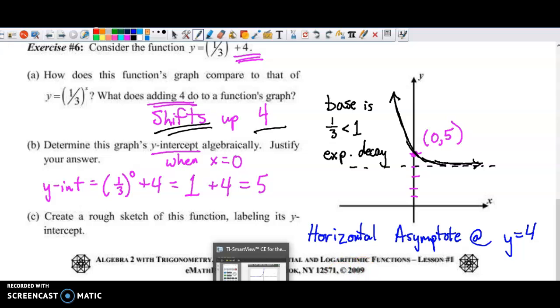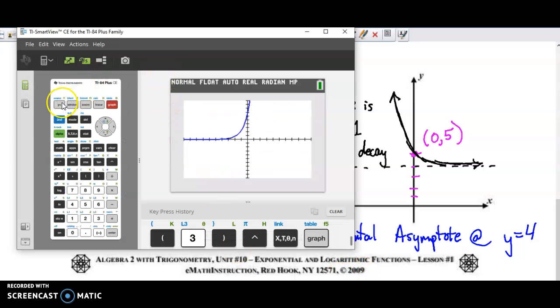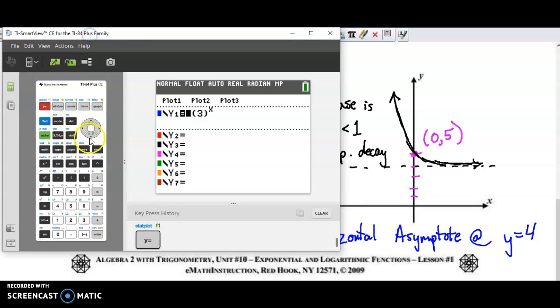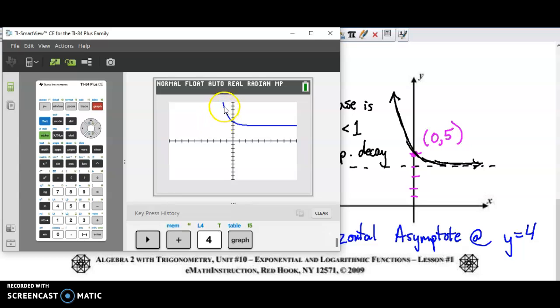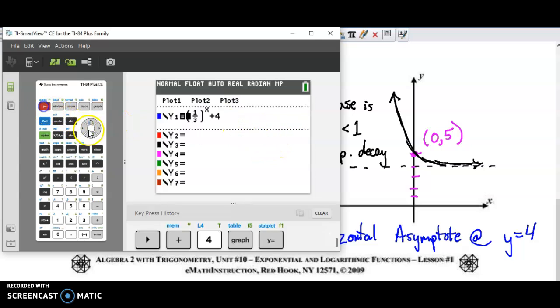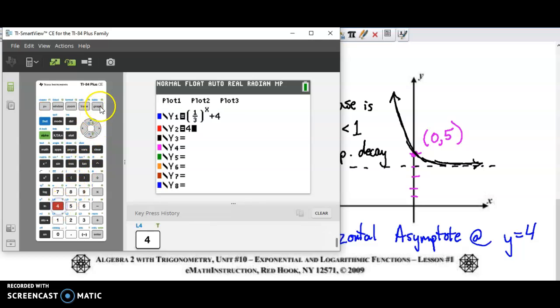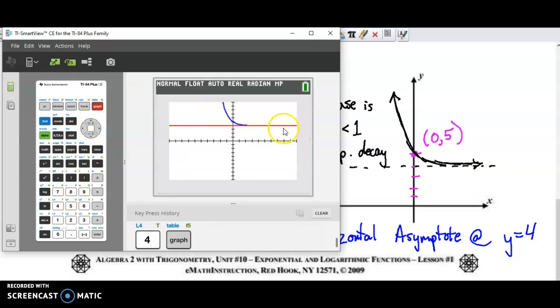Because if I look at the graph of this, again, I'm going to pull up a graphing calculator and let you explore a little bit. Hopefully you take the time to explore that you can make it a fraction, 1/3 to the x power plus 4, and look at the graph. I hope you see that it's not approaching the x-axis anymore, but it's getting closer and closer to the line y equals 4. And it actually looks like it's crossing it or hitting it, but it actually doesn't.